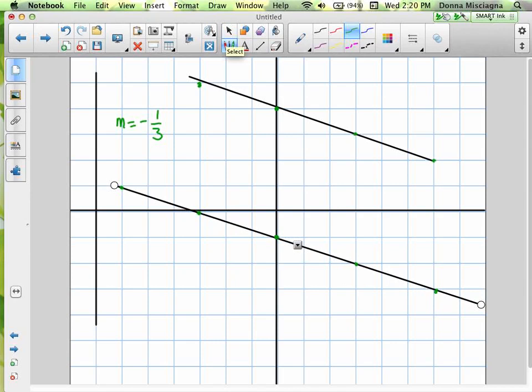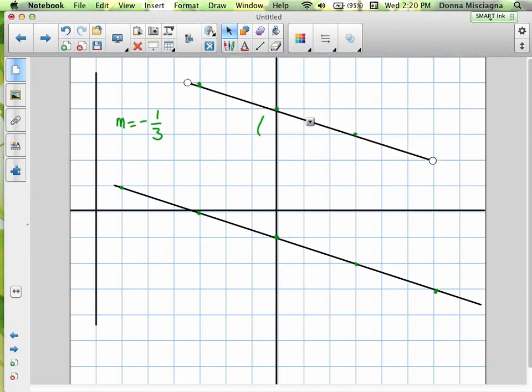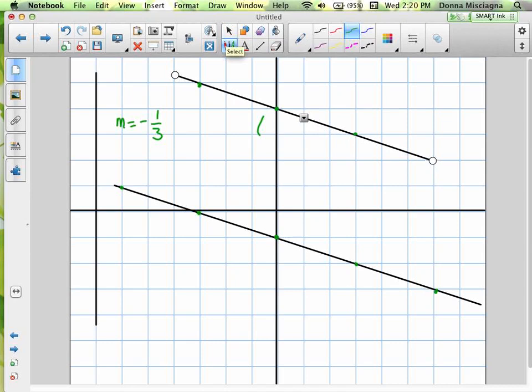All right, so my slope is negative 1/3. My y-intercept is 1, 2, 3, 4, so 0, 4. That's the equation, y equals negative 1/3 x plus 4.